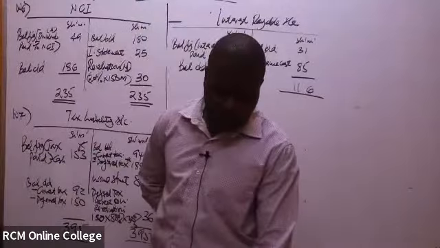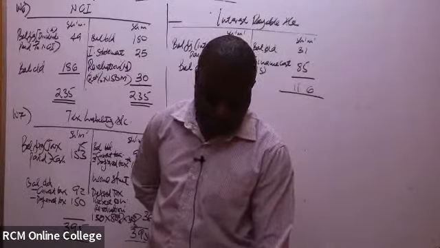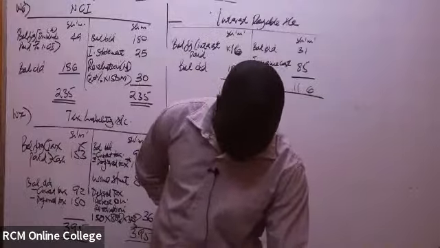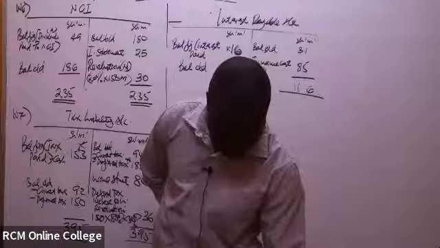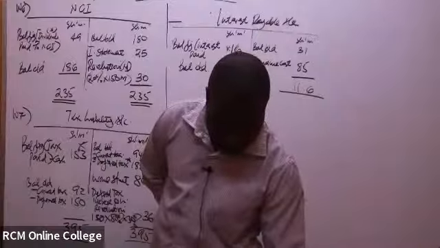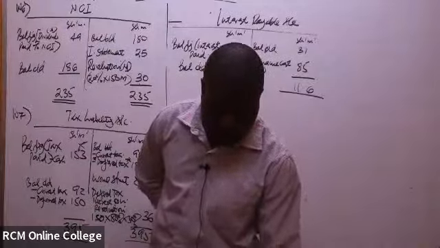Under the retained profit, there's an item of how much? 80. And of course, it's the difference between the opening balance of 360 and the profit for the year, which is 290, and the balance at the end of the year. So for the dividend paid, you've already been given it there.